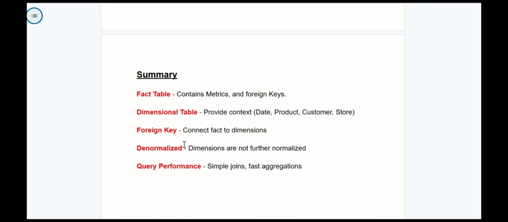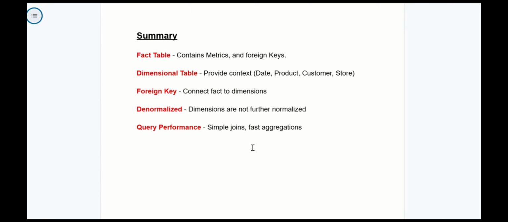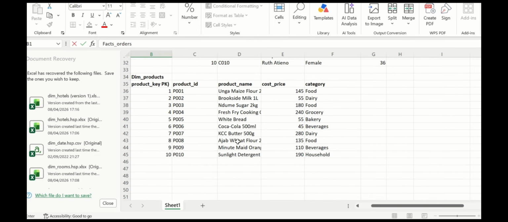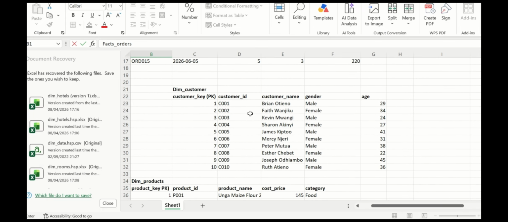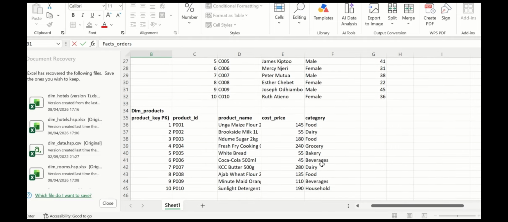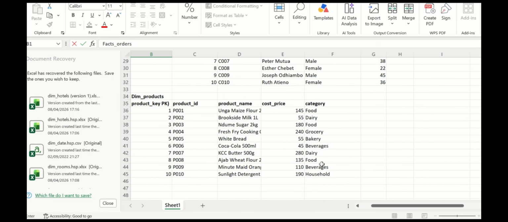And then we can see here also denormalized. The dimensions are not further normalized or split. You can see in this dimensional table that even though we have redundant data, for example the category, we do not split it further into smaller tables.